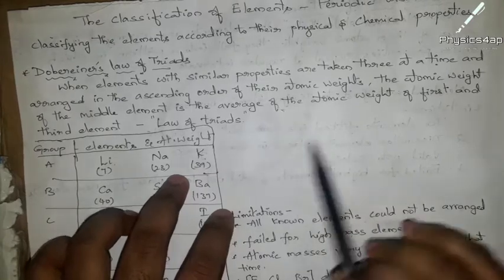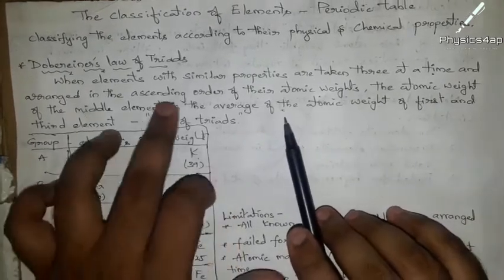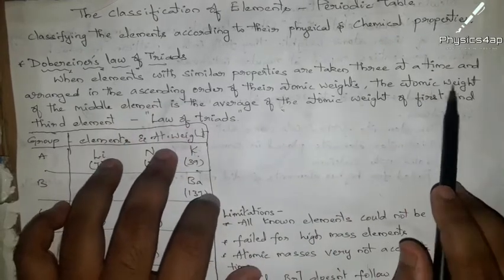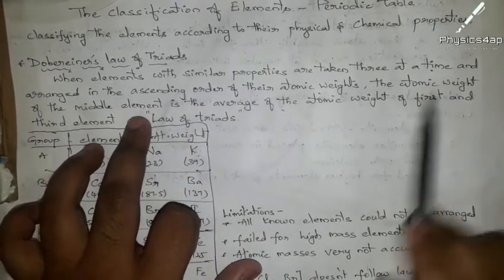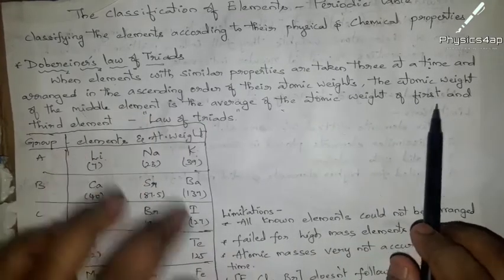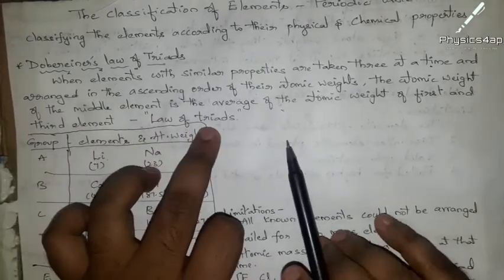When arranged in increasing order, the atomic weight of the middle element is the average of the atomic weights of the first and third elements. This is what we call the law of triad.